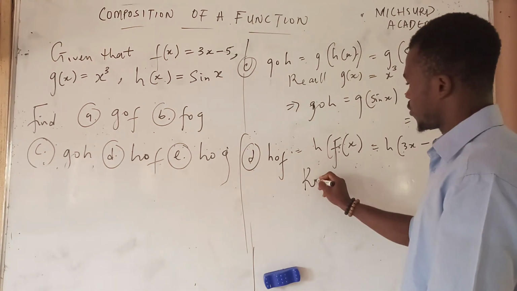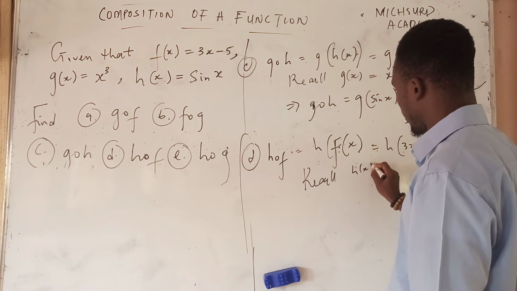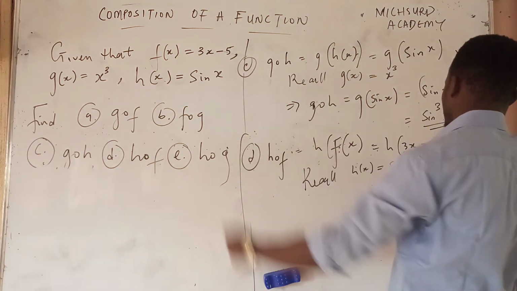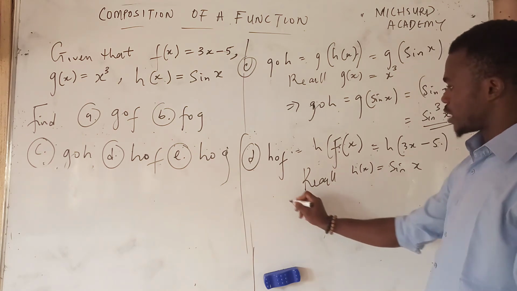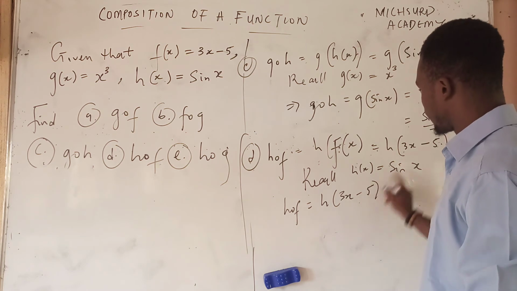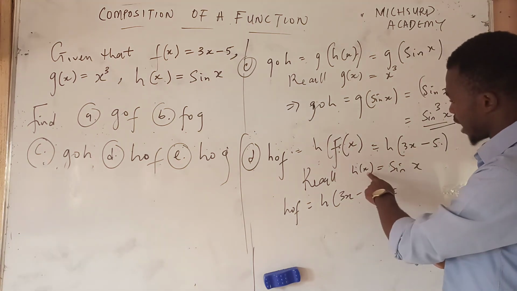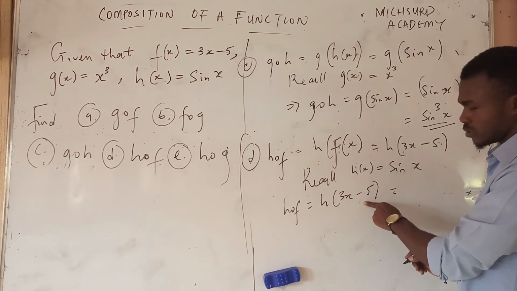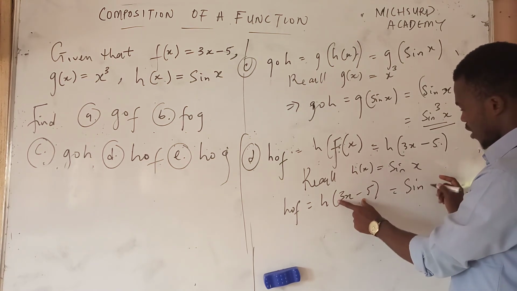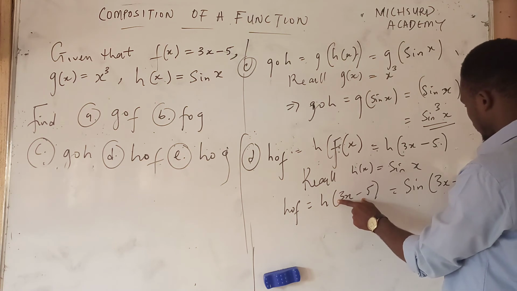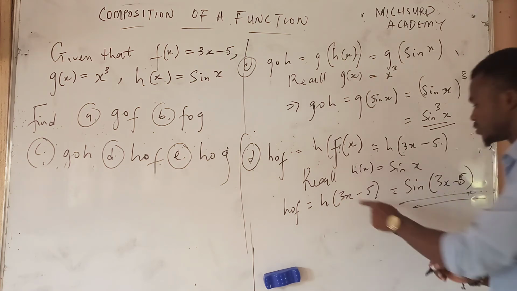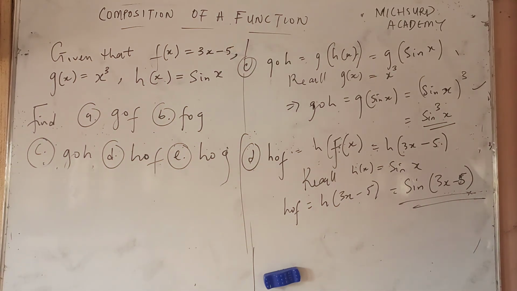So we recall that our h of x from the question is given as sine x. So now when we look at h of f, which is equal to h of 3x minus 5, then anywhere I see x, I will put the whole function here, so that this will be equal to sine of, instead of writing x, I will now write 3x minus 5. So that gives us the composition of the function.